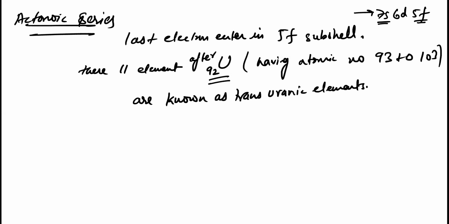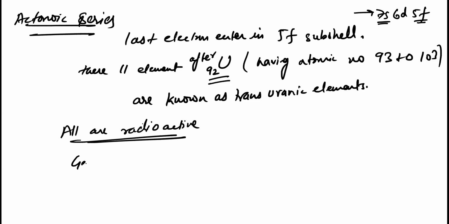Yes. If I talk about that, they are all radioactive. All the seventh period elements are radioactive, except the noble gases. They continuously lose electrons and show the photoelectric effect. All are radioactive.